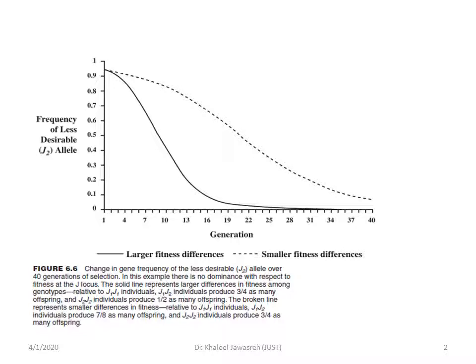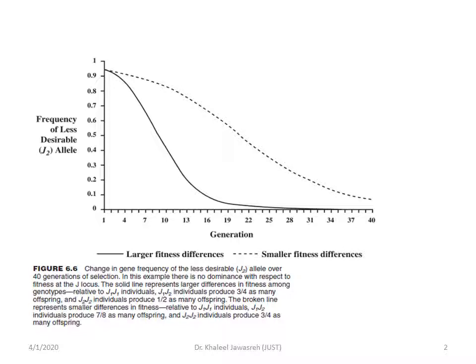From the third generation up to the fourth, we can see a decline of about 0.1 in the frequency of the J2 allele. But from about the 7th generation up to the 16th or 19th, you can see a high reduction in the J2 allele, which is not favorable in this case. And if you compare the two lines, they are related to the fitness trait.